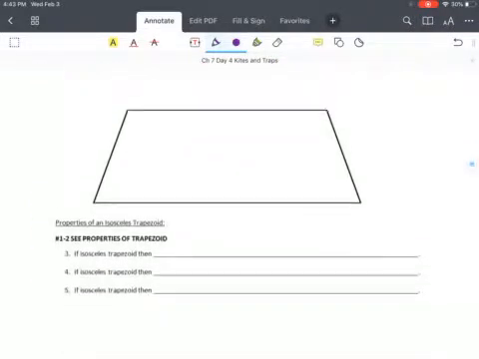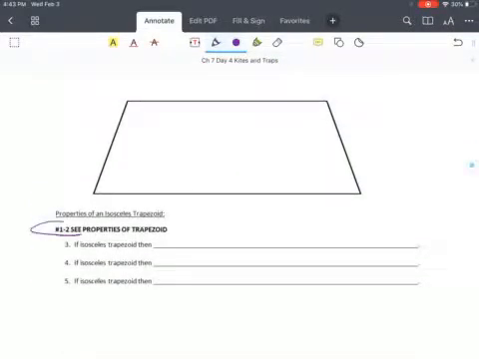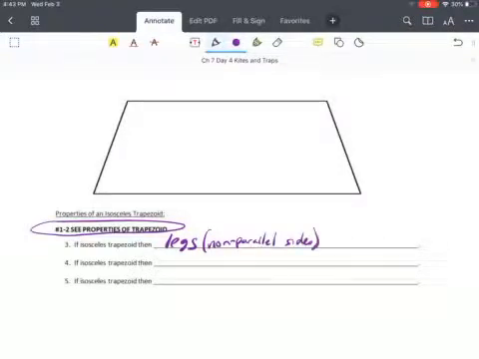And then in an isosceles trapezoid, we're going to keep the first two properties that we just had with a trapezoid, but then we are going to have the legs, which are the non-parallel sides, be congruent.